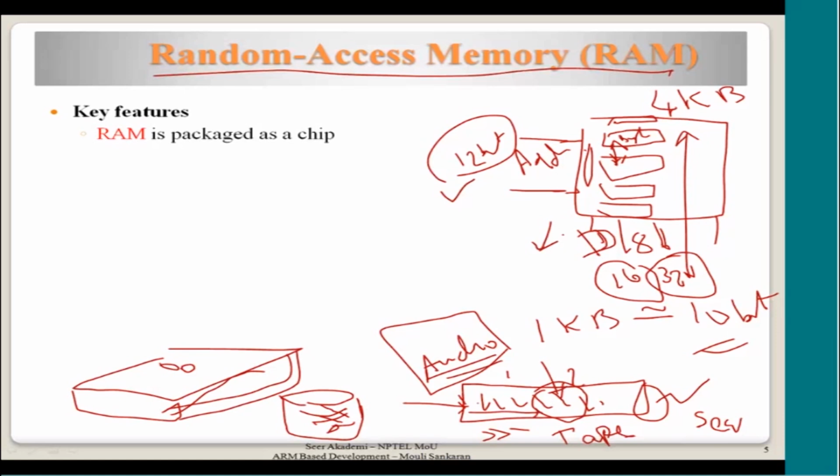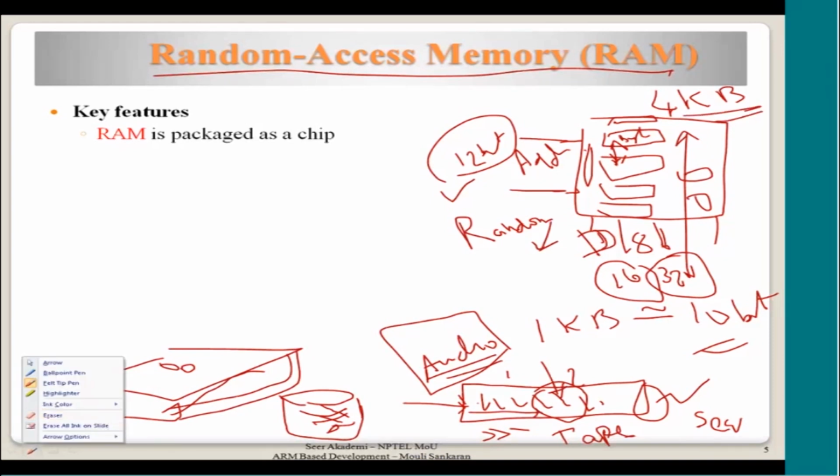Whereas what do we call it, a random access here? That is the time taken to access any part of the memory. It doesn't matter whether the address is at 4 kilobytes. Suppose I want to address 1 kilobyte, and from 1 kilobyte I want to access some 10 bytes.